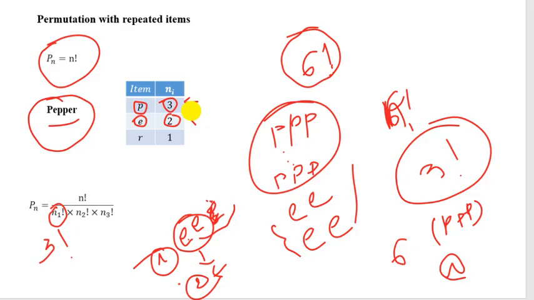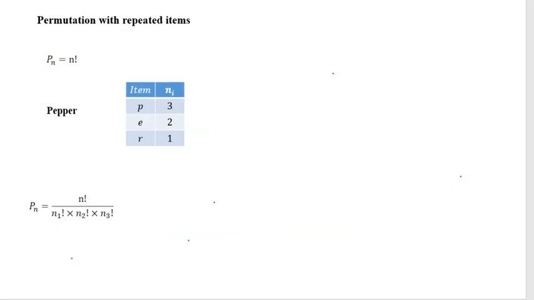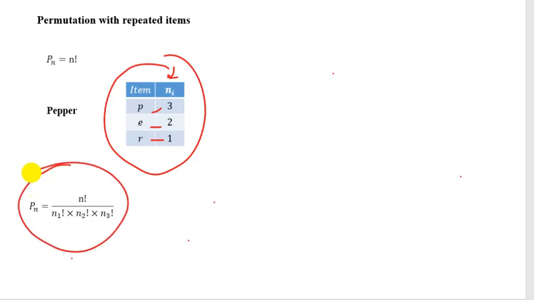So in the end, the formula is: you decompose your items, and for each item you find the number of repetitions. We have 3 Ps, 2 Es, and 1 R. Then we apply our formula, which is n factorial divided by the product of the factorials of each repetition.